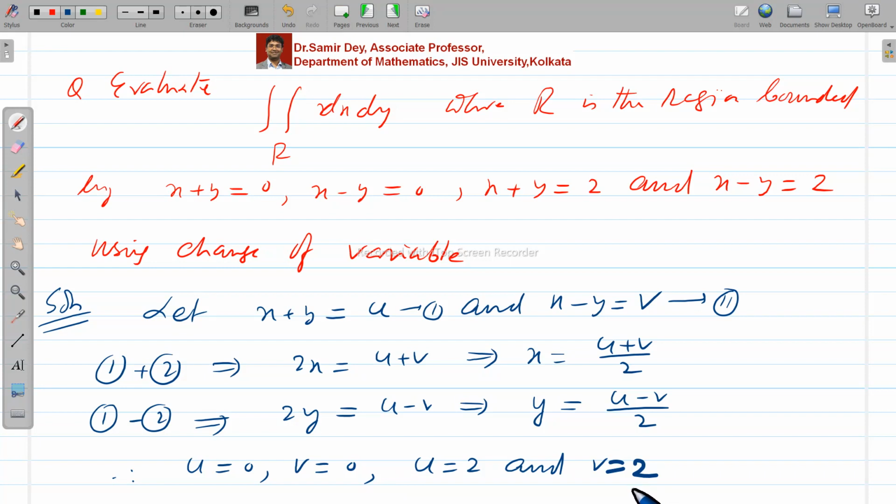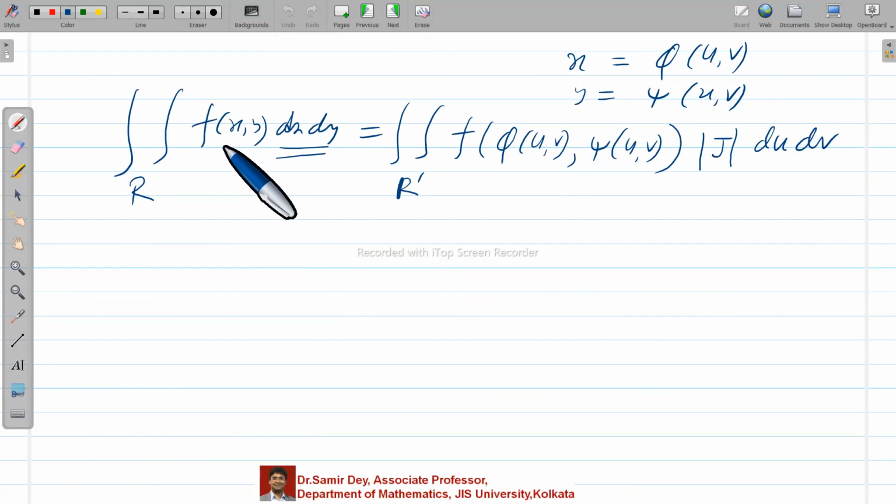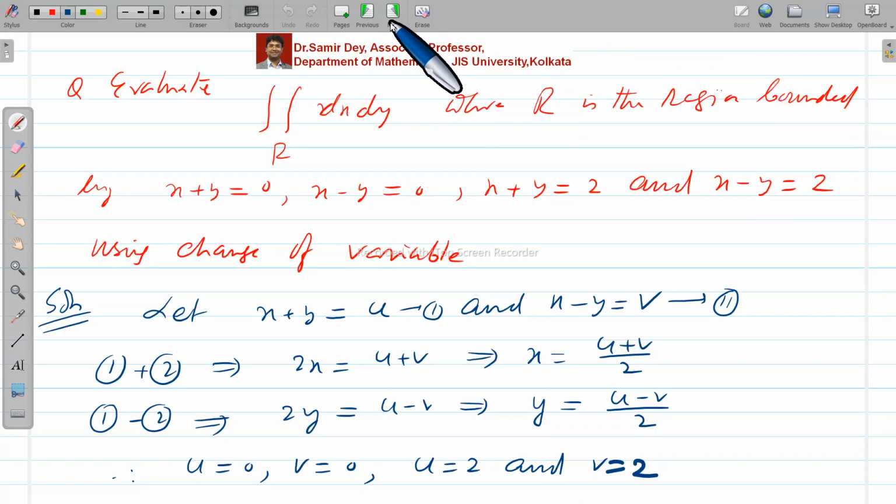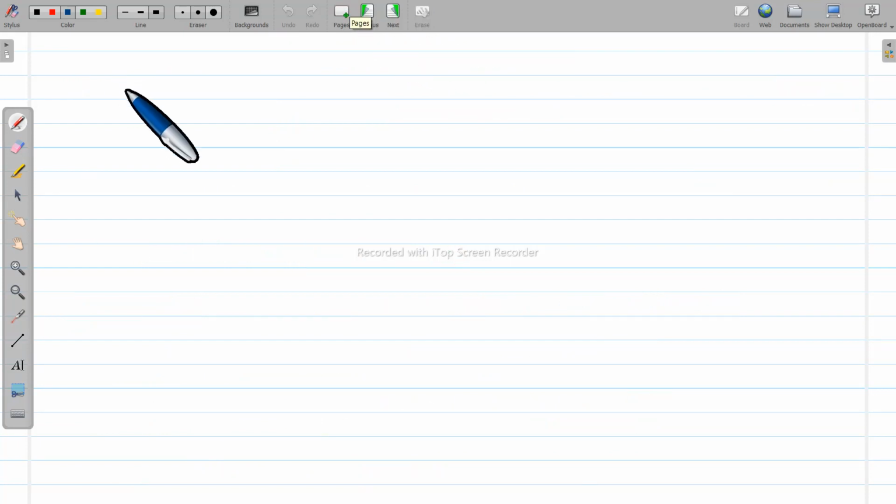Now try to understand the next line. If I go back, we can easily substitute in terms of u and v, and we need to find the Jacobian of it and du dv. Now you want to find the Jacobian. The given problem is the double integral over R of dx dy.